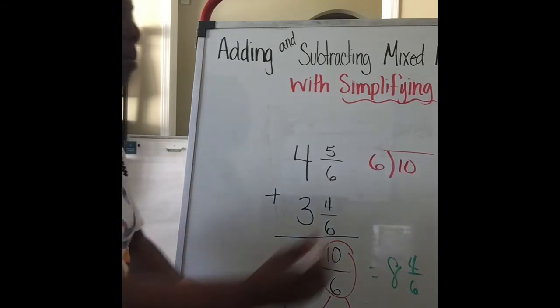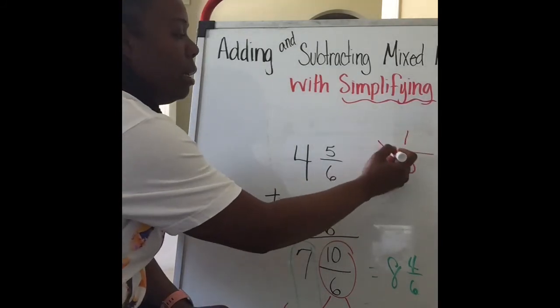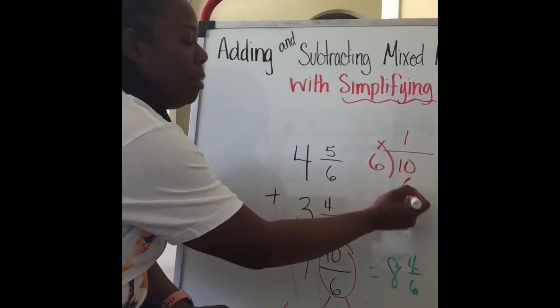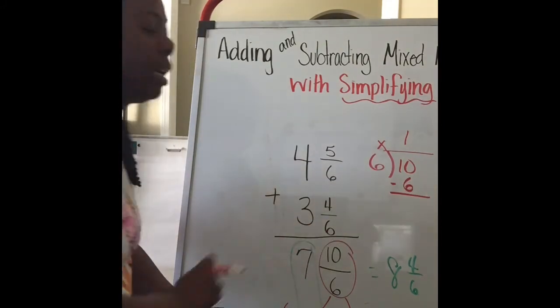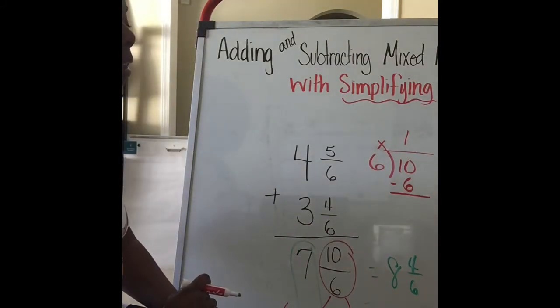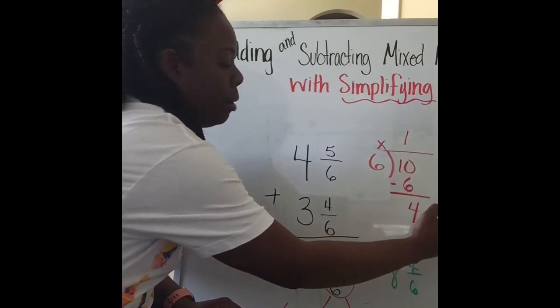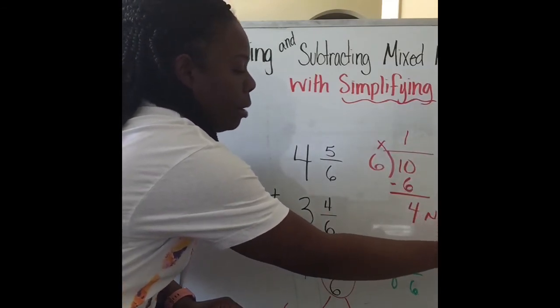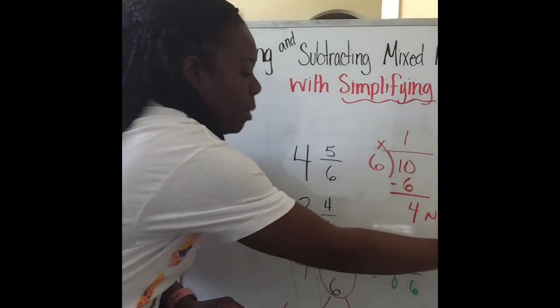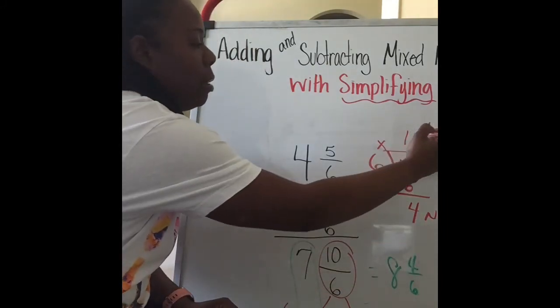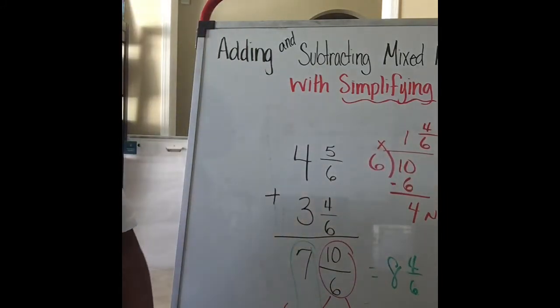Well, just one time, right? Because 1 times 6 is 6. Subtract 10 minus 6 is 4. So this would be my numerator. And the denominator stays the same. So you could also do it like that. You have more than one option.